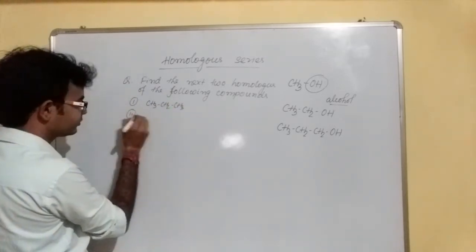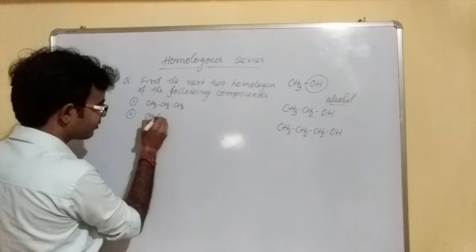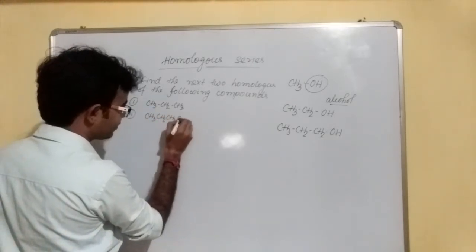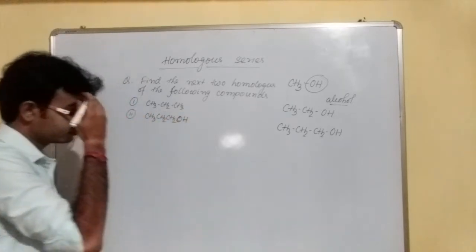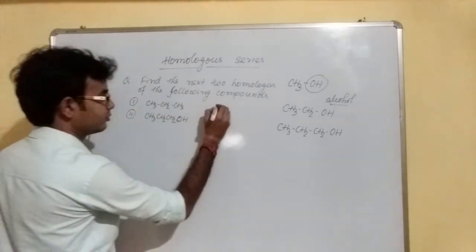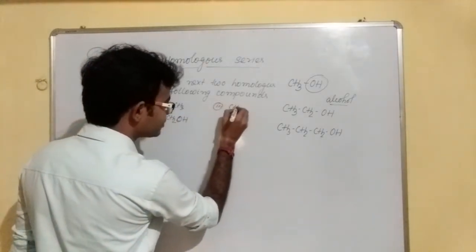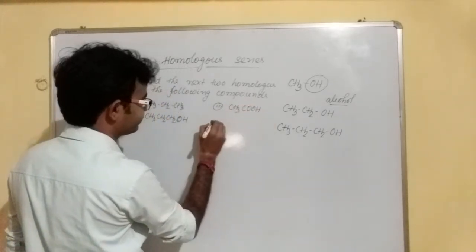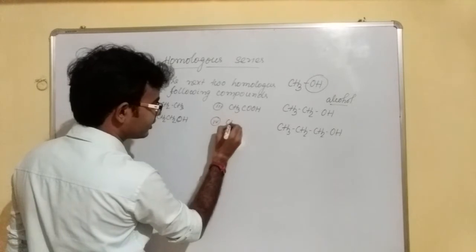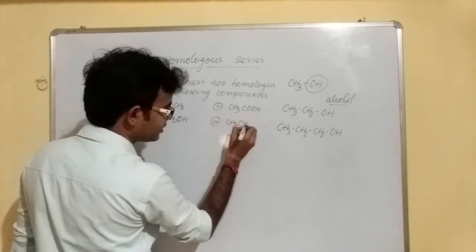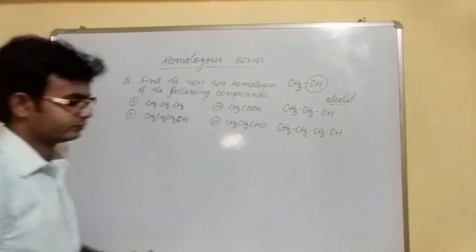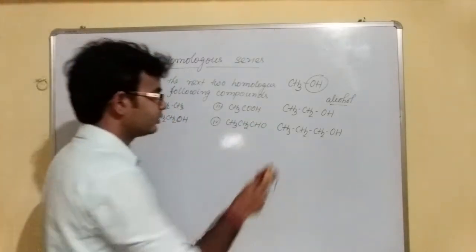Number 2, CH3CH2CH2OH. Number 3, CH3COOH. Number 4, CH3CH2CHO. Okay, let us solve these questions.